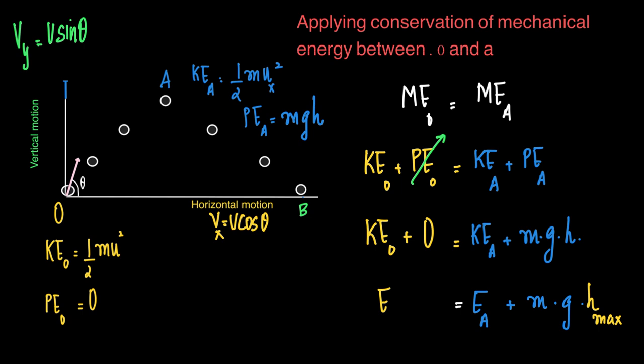And potential energy at A is the maximum value where H is H max, right? Let us assume kinetic energy at O to be E, and kinetic energy at A as EA. Therefore, we can write that E is equal to EA plus mg into H max.